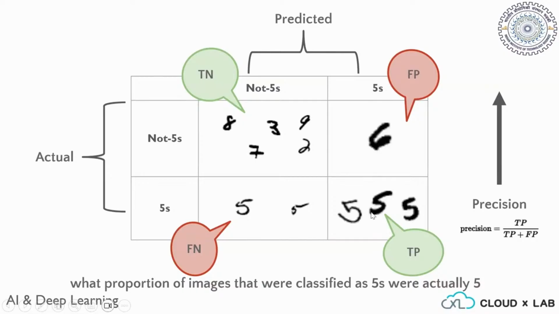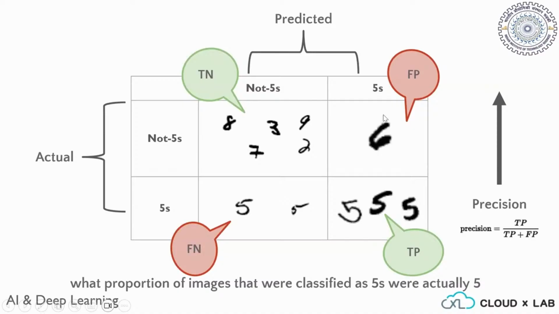Okay, so this side we are having the total number of cases where model is predicting true, model is predicting 5, right? Or model is predicting yes. Because this side we are writing model predicted value and this side we are writing actual value.